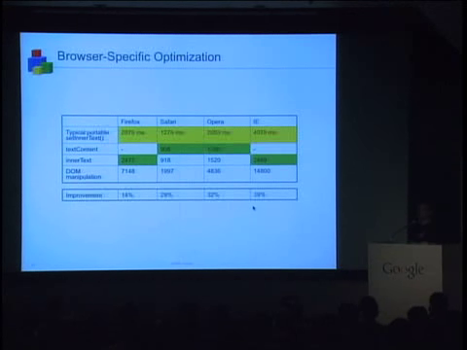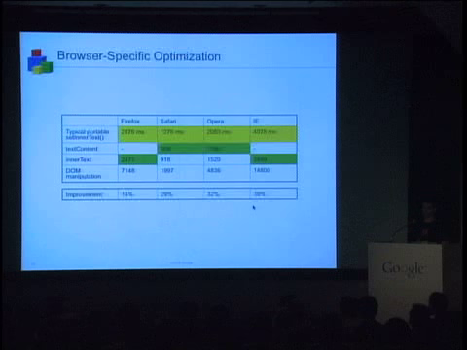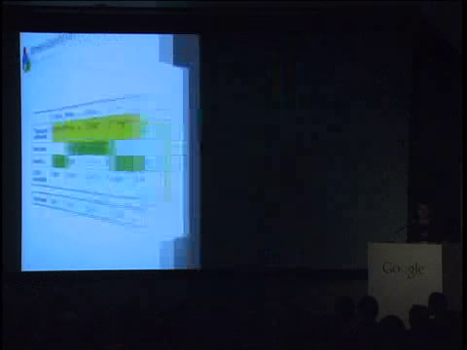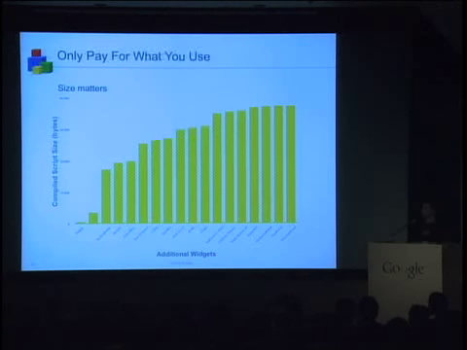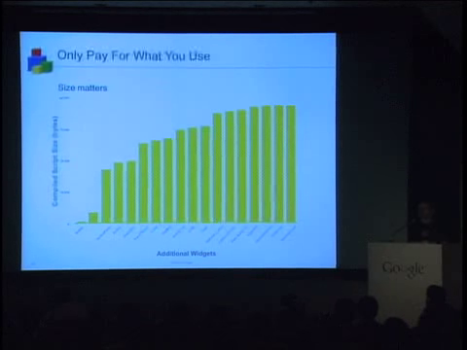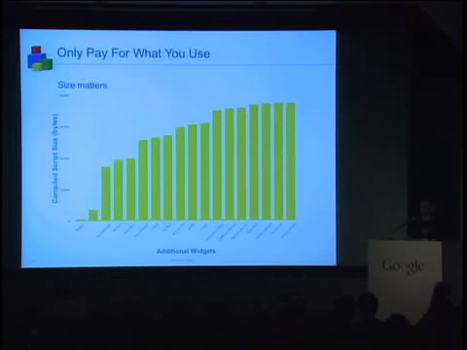So now I'm going to show you some quick diagrams just to illustrate performance improvements. A common question is, how big is Google Web Toolkit? How many kilobytes must my user download to get this Google Web Toolkit library? Well, the truth is, Google Web Toolkit is not so much a library, but rather you only pay for what you use.